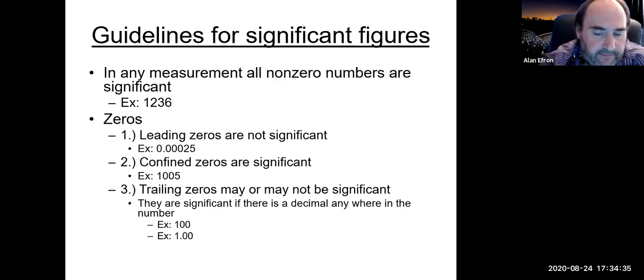For example, if the smallest markings are 0.1 centimeter, that means you could typically go one more place, which means you would be able to go to 0.01 centimeters.